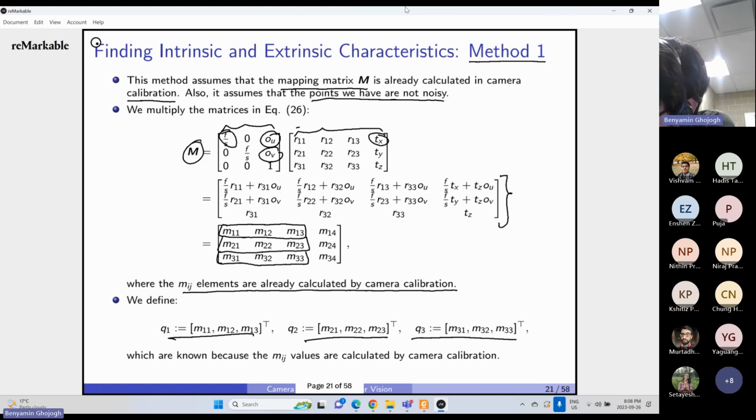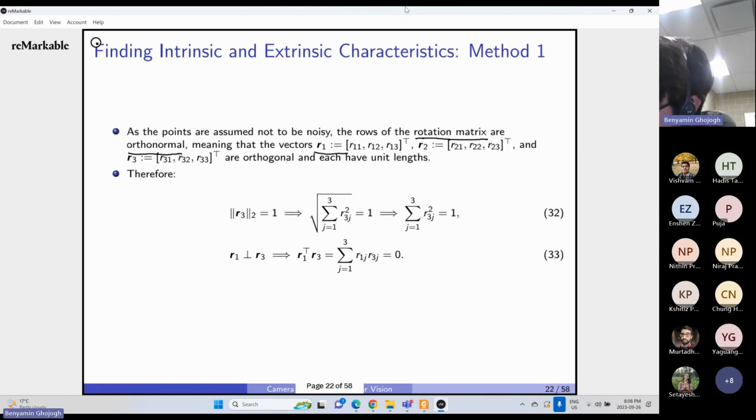This was the rotation matrix, right? When it is orthogonal, it means that the vector R11, R12, R13 transpose, also the vector R21, R22, R23, also the vector R31, R32, and R33 are orthogonal, and also each of them has unit length.